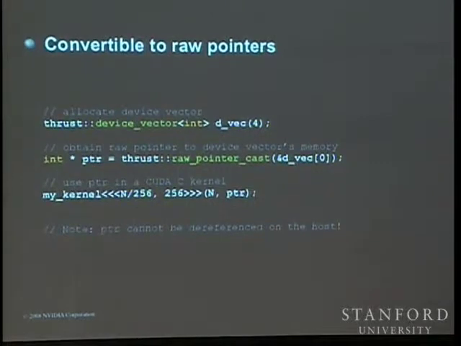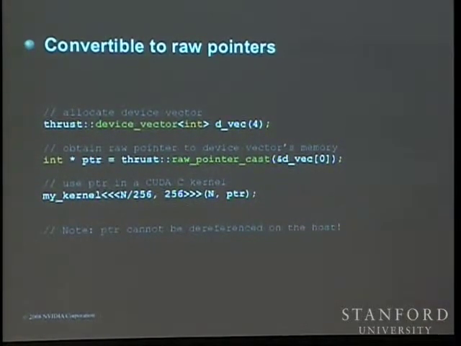So if you can write your entire program in thrust, then you won't need to do this. But generally, you'll have at least some things in your application that thrust doesn't handle perfectly, or just maybe not at the full speed that you want. And in that case, you can write a CUDA kernel to implement those operations.